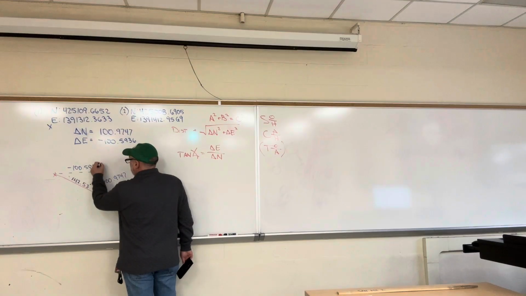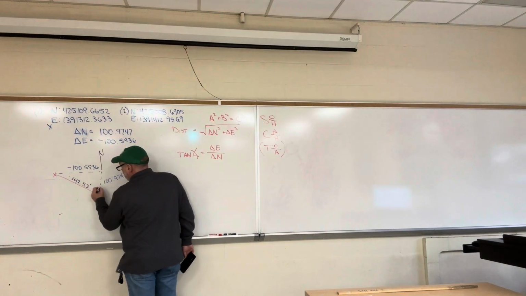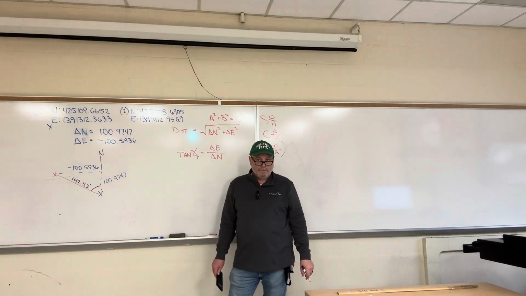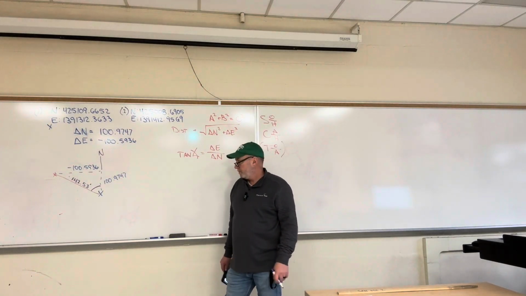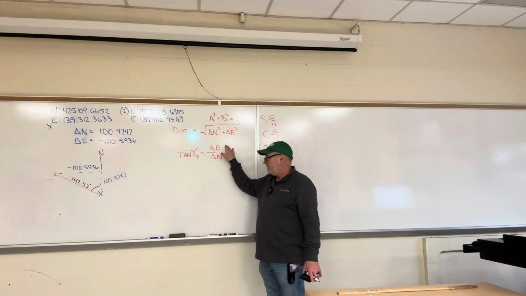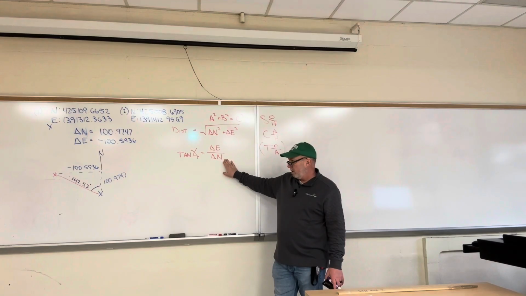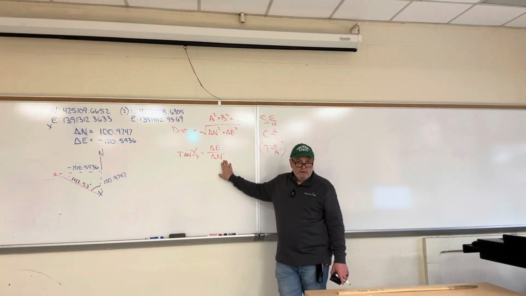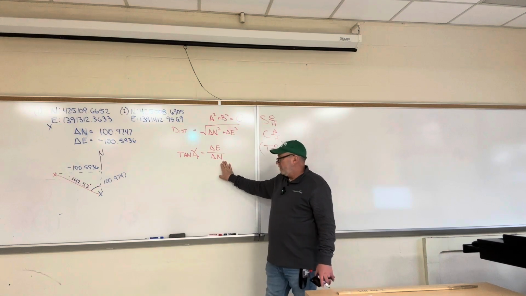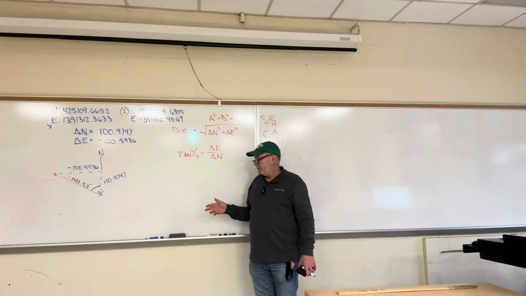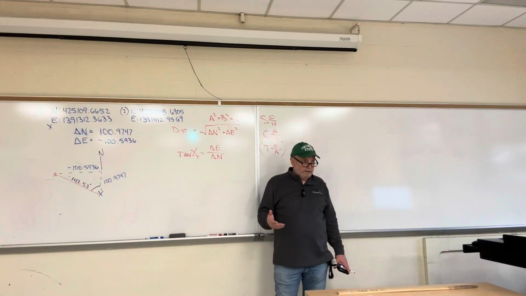Now we want to find the bearing. As we know, this line is going north, so what we're looking for is this angle right here. Difference in our easting divided by the difference in our northing will equal the tangent of that angle. Then take the inverse tangent or arc tangent, whatever you like to call it. That'll give you an answer in decimal degrees.